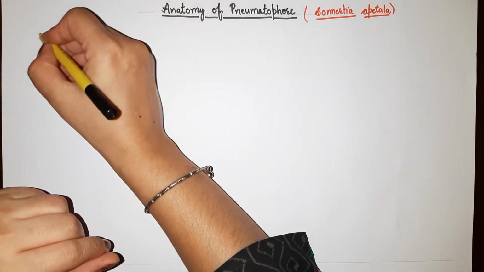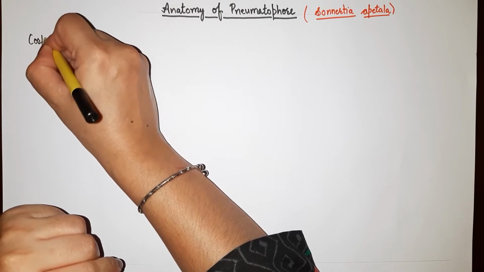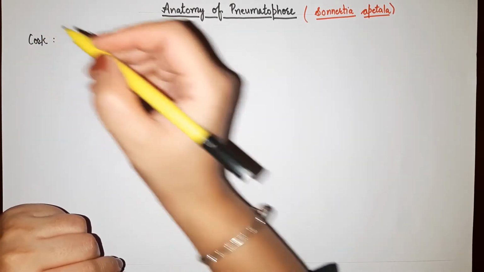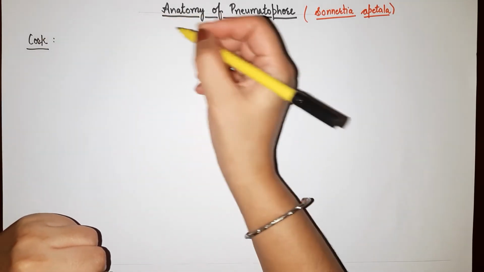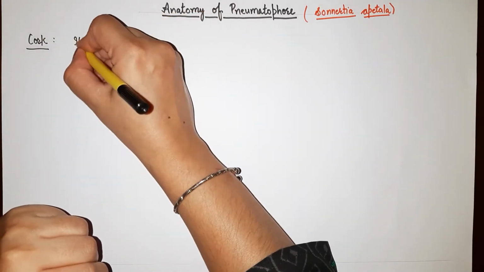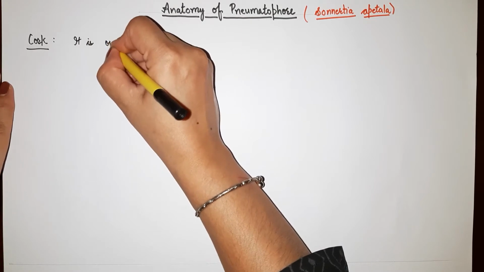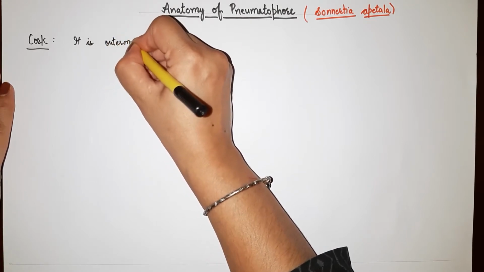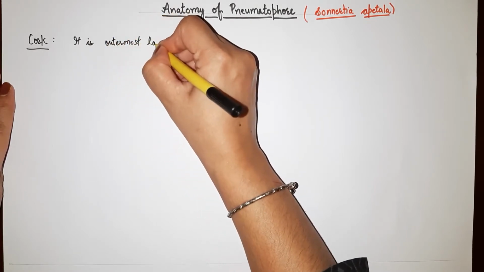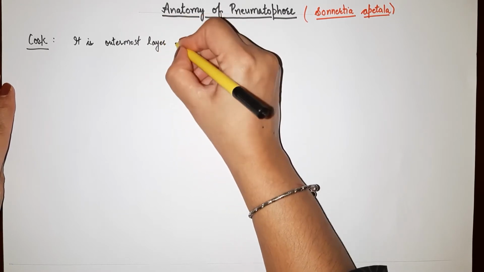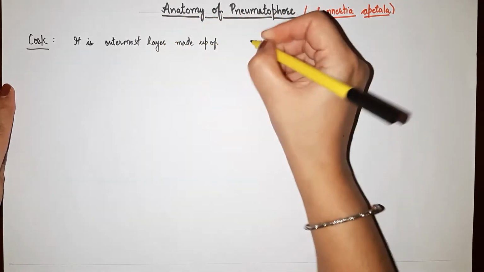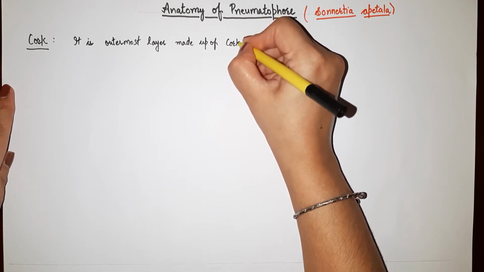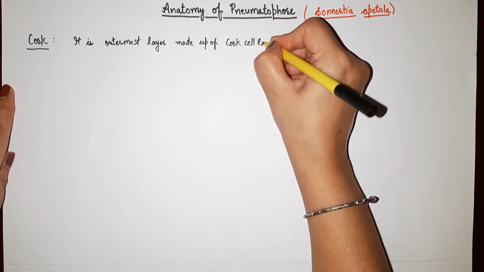So, the outermost layer, if we talk about Sonneratia in a cross section, the outermost layer is cork, made up of cork cell layers.